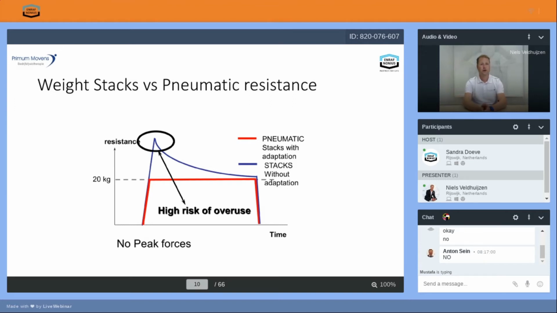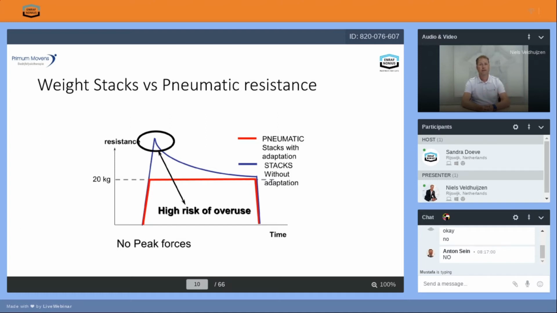For example, if you look at the weight stacks, you just stick in the needle, the metal pin in the weight stack, and you increase the weight. When you have a pneumatic system, you adjust it on a screen.